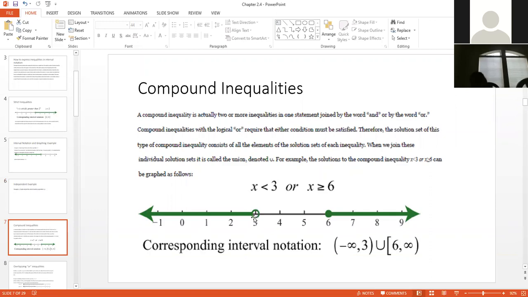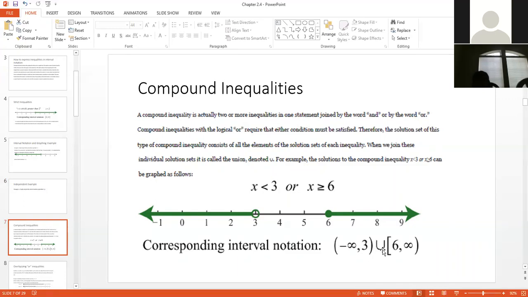Whenever you have an or inequality, either condition can be satisfied. So all the numbers to the left of 3, not including 3, is a solution set. And all the numbers to the right of 6, including 6, is also another solution set. Both of these are solution sets. How can we write two solution sets in interval notation?